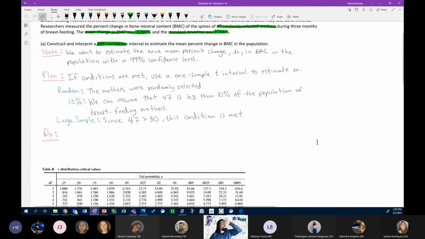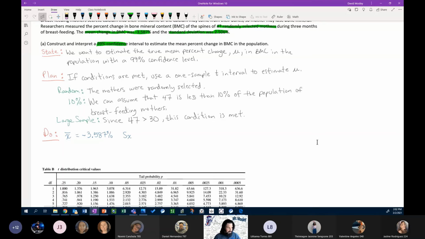All right, now getting to our calculation, let's kind of list out what we have here. So we know that our X bar, our sample mean, was negative 3.587%.